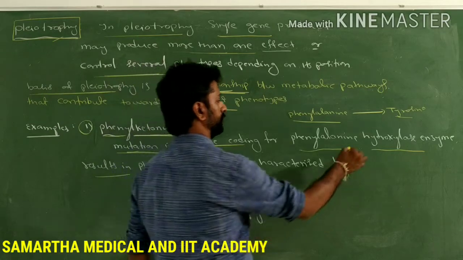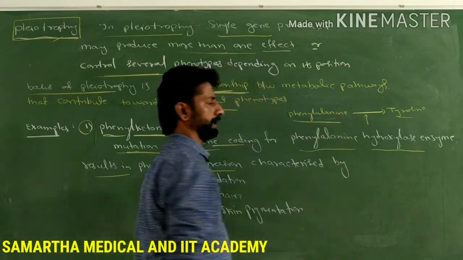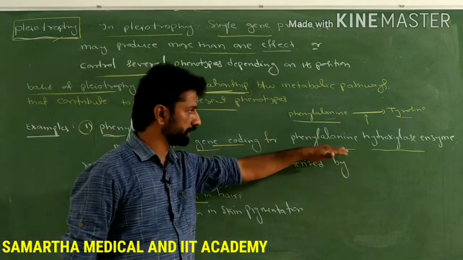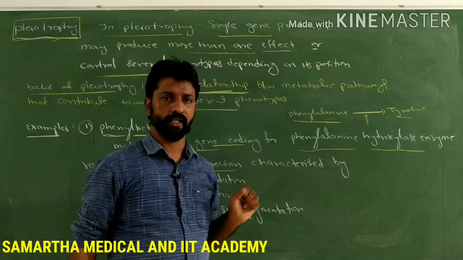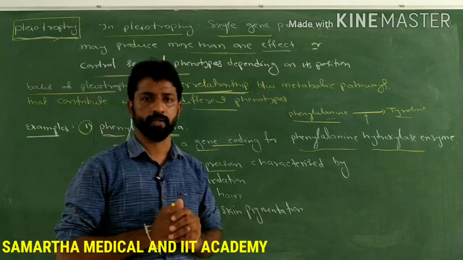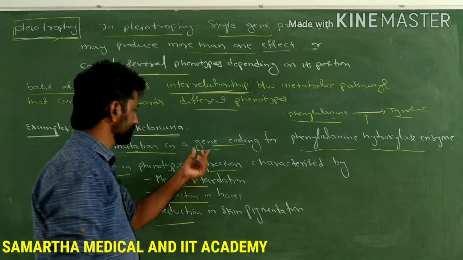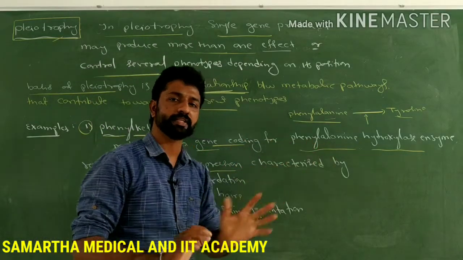Phenylalanine hydroxylase converts the amino acid phenylalanine in our body into tyrosine. That is its normal function. Then that individual will be normal, having a normal phenotype. That is one effect of that gene.